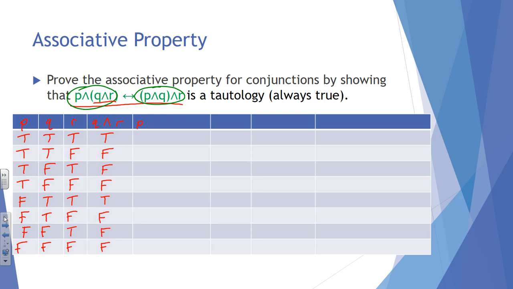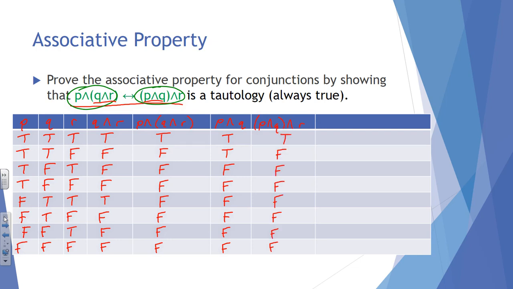So the left side of our biconditional, P and (Q and R), becomes true followed by falses in the rest of the rows. The right side of this biconditional will require us to have a P and Q column, and that allows us to build (P and Q) and R, the right side of our biconditional.